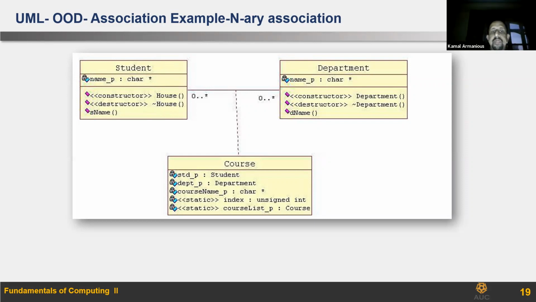So the course is being taught in a given department, and the course is being attended by students. So the department contains 0 to n courses, and a given course is registered by 0 to n students. So someone will tell me this is not realistic.